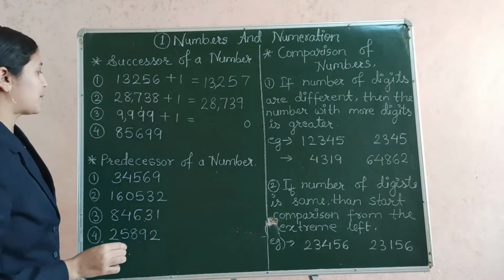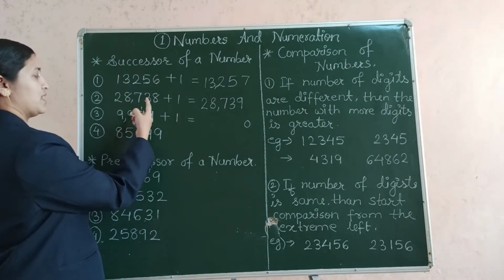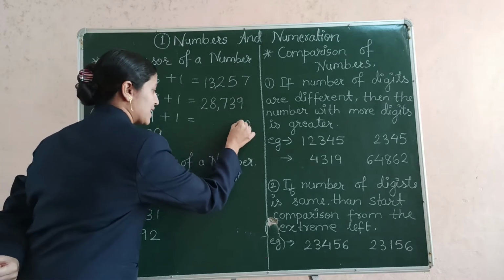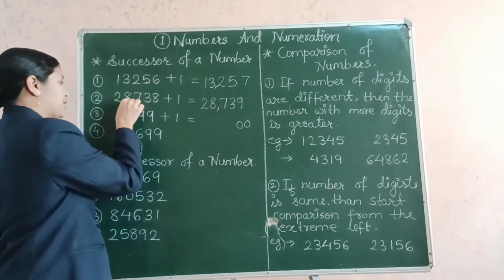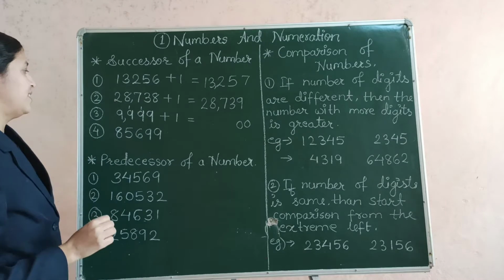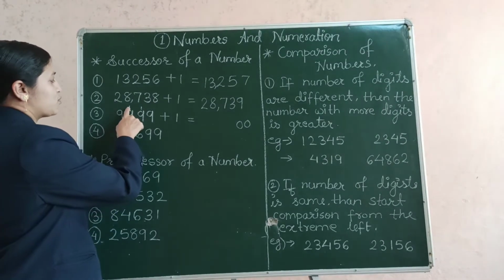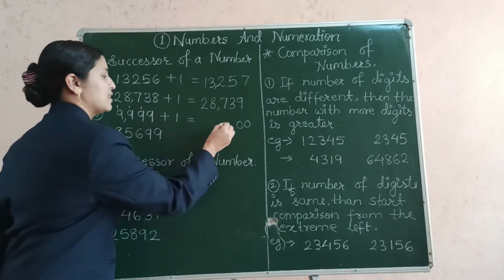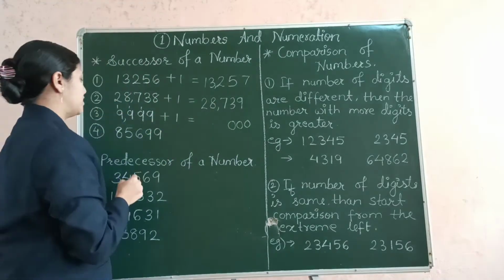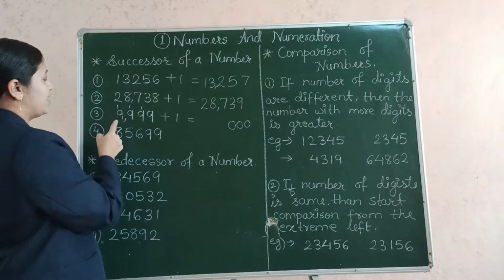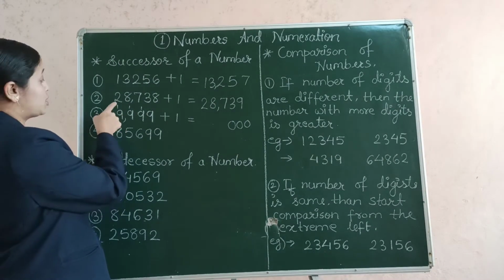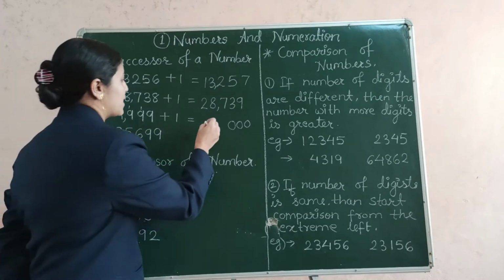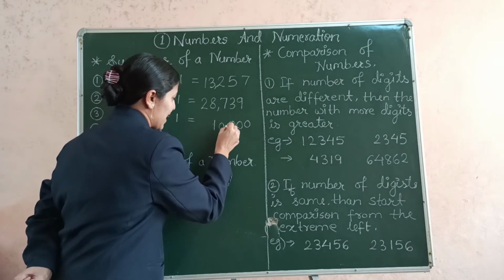Then 9 plus 1 is again 10, so we write 0 again and carry 1 over the next 9. Then again we add 9 plus 1, which is 10: 1 carried here and 0 here. And for this last 9 plus 1, which is 10, there is no other number with which we can add that 1, so we will write 10 as it is.